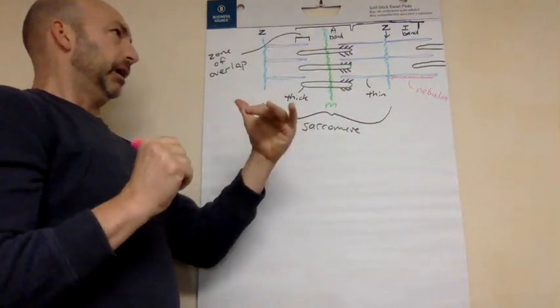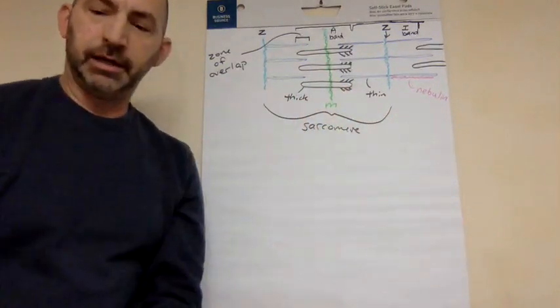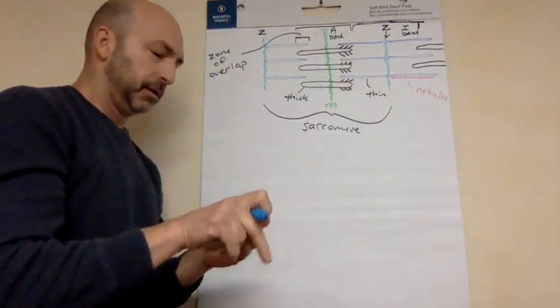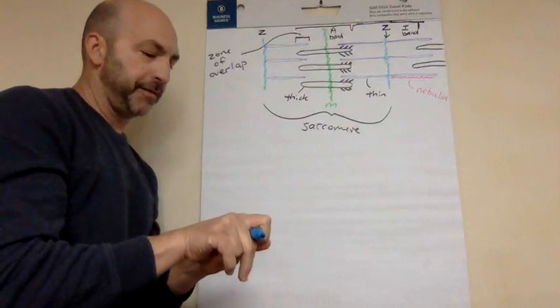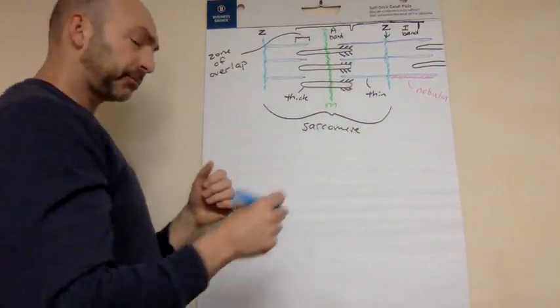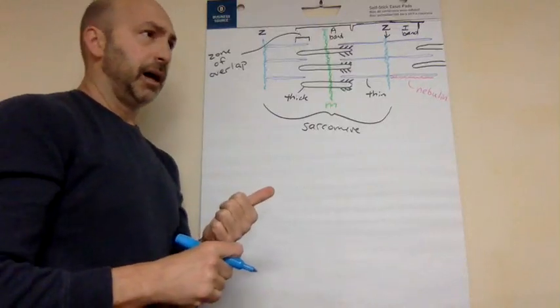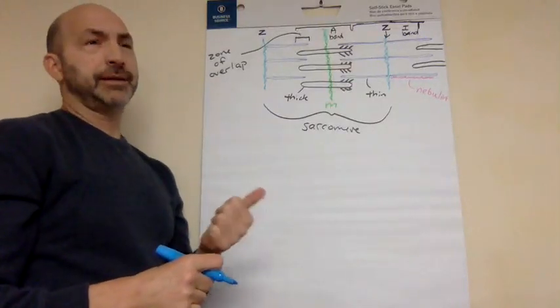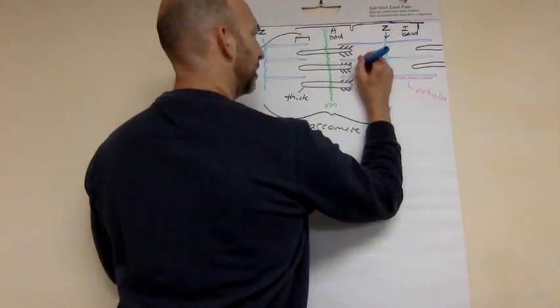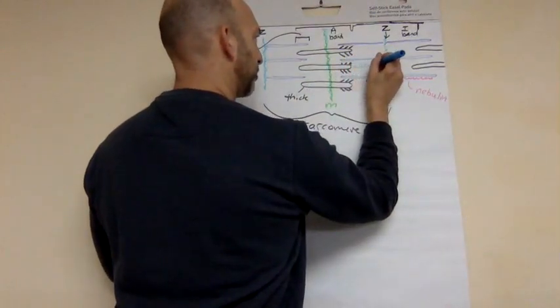The other protein, and this one's associated with the thick filament, is probably even more important because it has a functional role in addition to helping align the thick filaments. It's called titin. The newer term for it is connectin. And it is definitively spring-like.